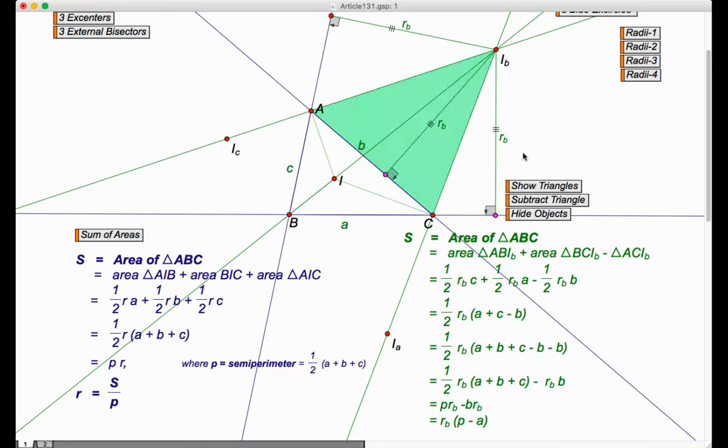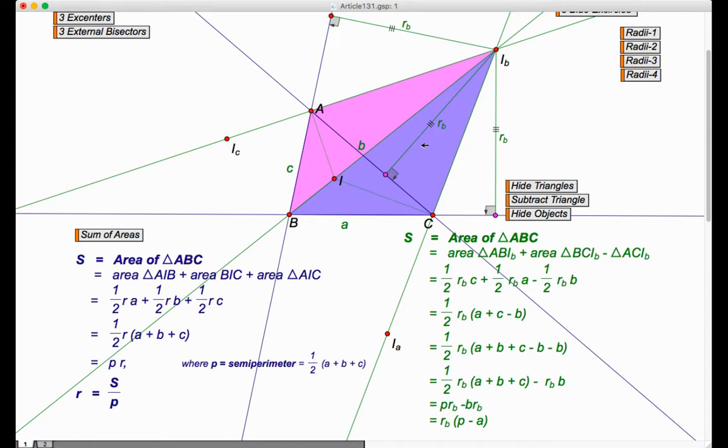If I do that, you will notice that the area of the pink triangle has altitude r sub b and the base is c. So that is 1/2 r sub b times c.